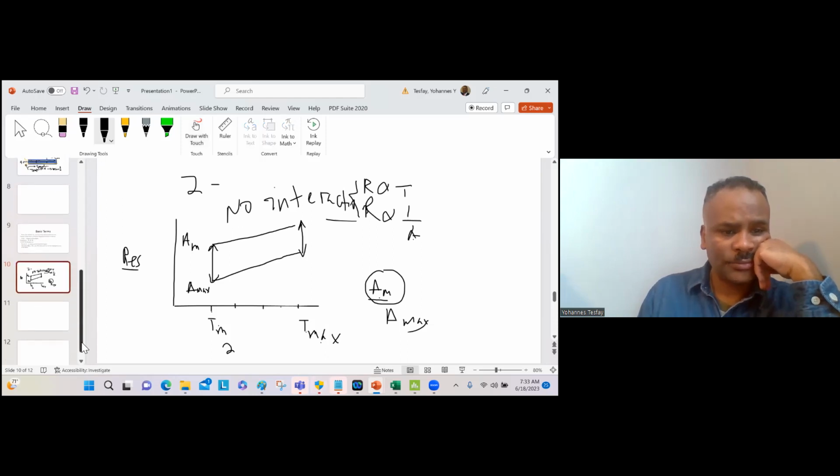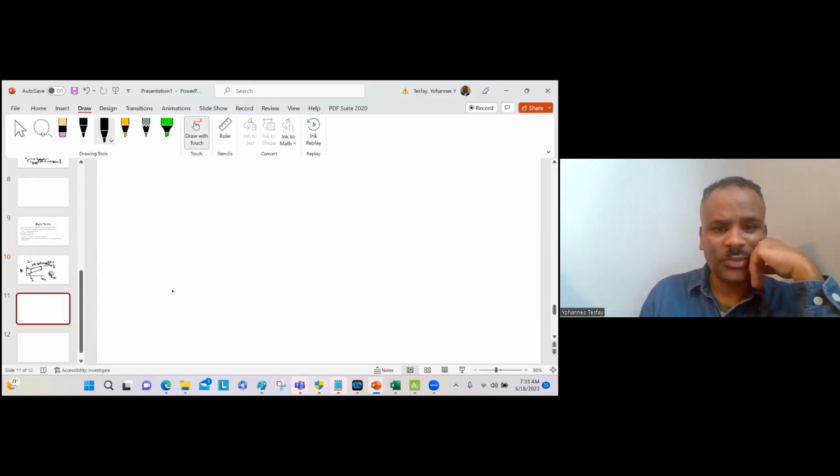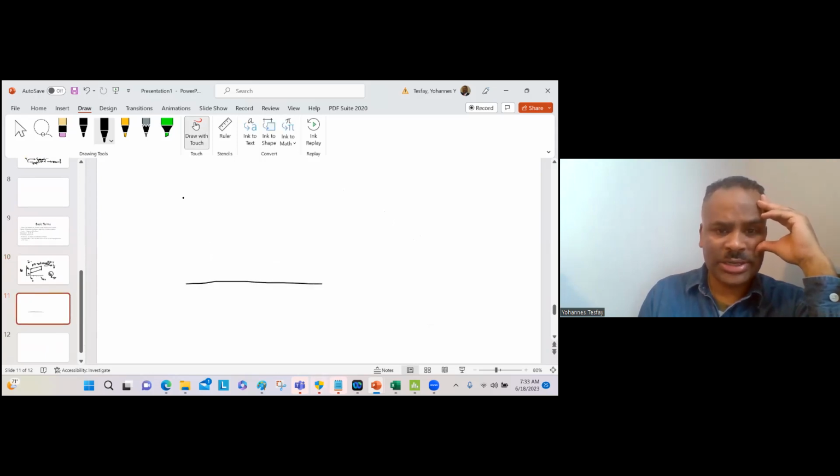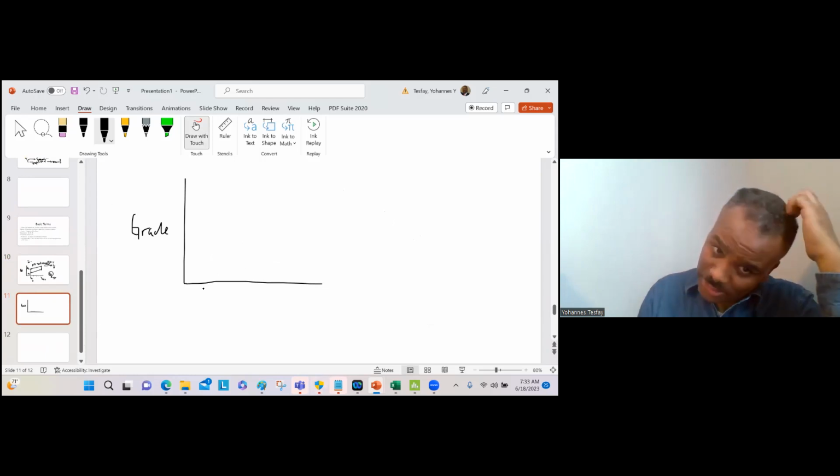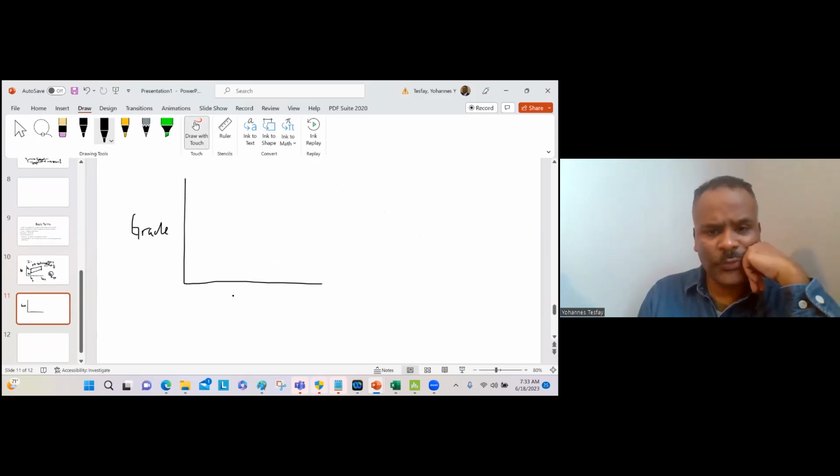So let's see another example. Let's say you are measuring the grade score of university students in maths. So your first factor is department.